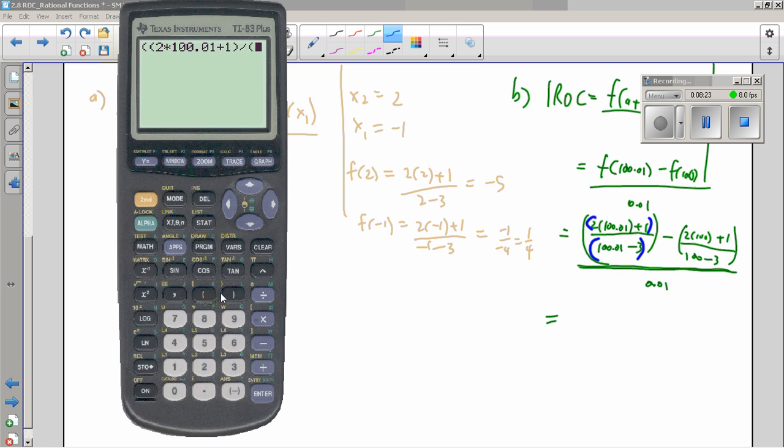I know what 100.01 subtract 3 is, but oh well. 0.1 subtract 3, and that's this end bracket, and then I've got this big bracket, subtract big bracket, little bracket, top, 2 times 100.